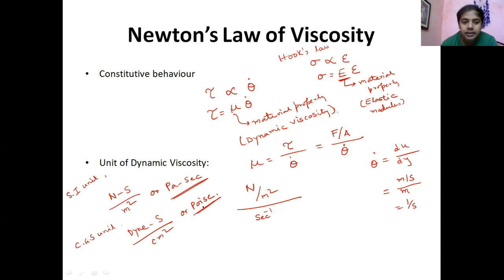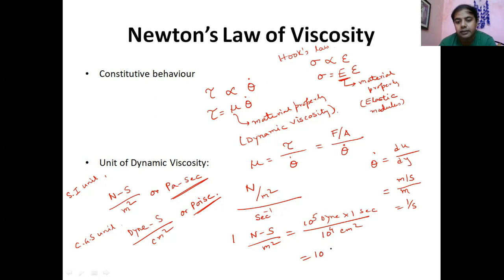Now the conversion between SI and CGS units. 1 Newton second per meter square equals 10 to the 5 dyne times 1 second, divided by 1 meter square, which is 10 to the 4 centimeter square. So 10 to the 5 by 10 to the 4 is just 10.